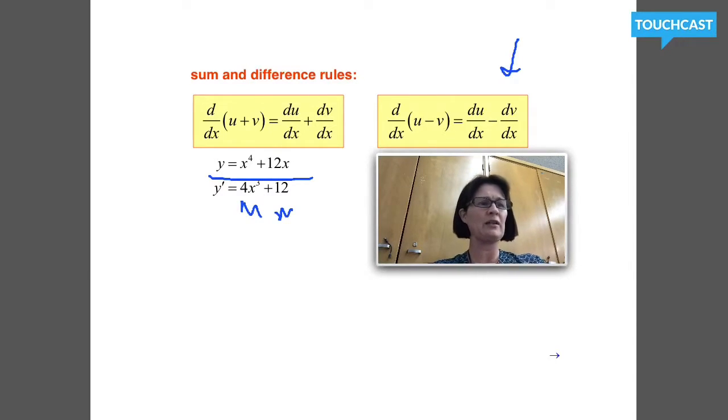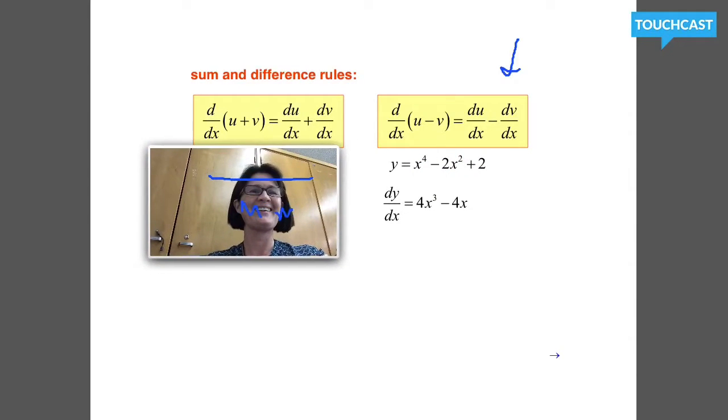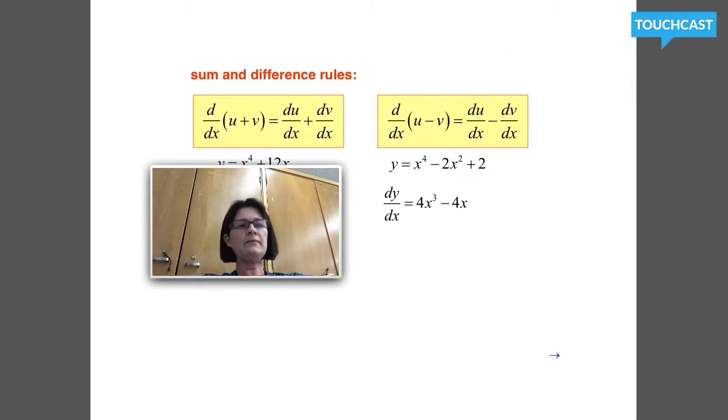And so here's that next problem that's on your paper. I have a similar problem here. If I want to take the derivative of x to the fourth minus 2x squared plus 2, I can take the derivative of each of those separate terms, and use addition or subtraction according to the original problem.